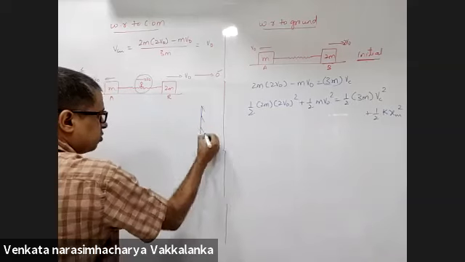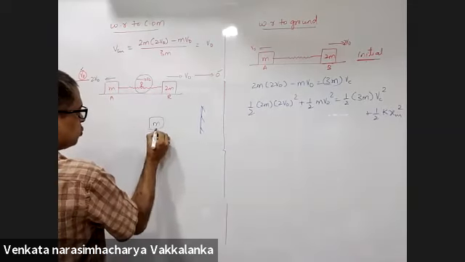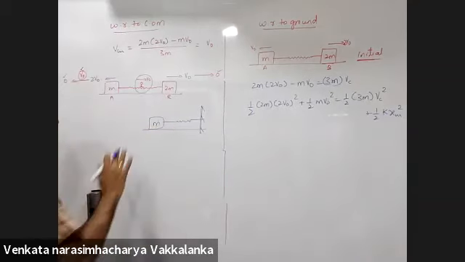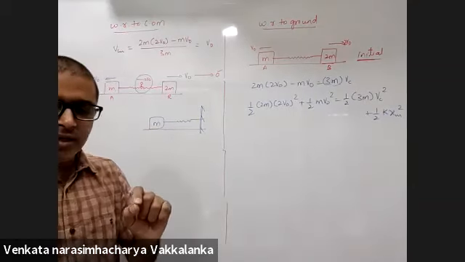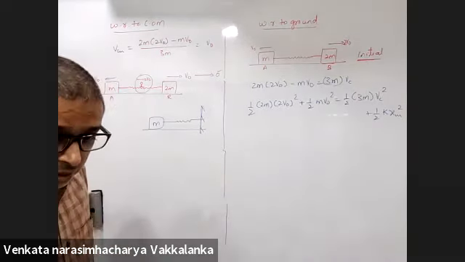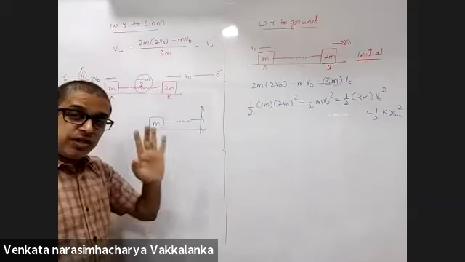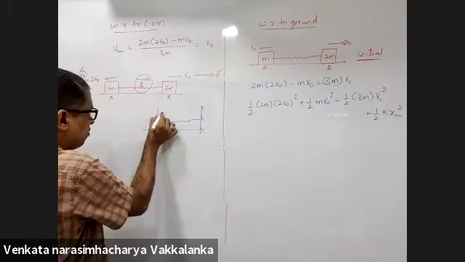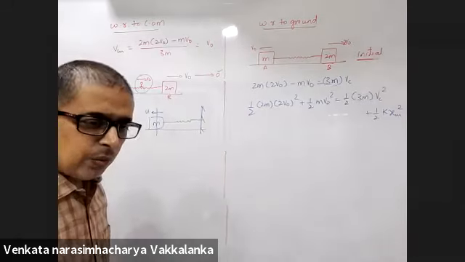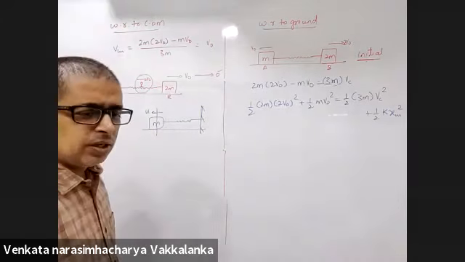If this ball is fixed, this is small m and this is connected to a spring. The spring is in its natural length. You gave a velocity of u to this. When will the spring again come back to the natural length?